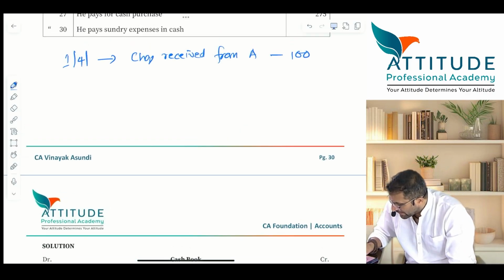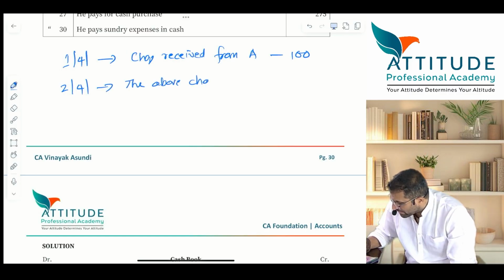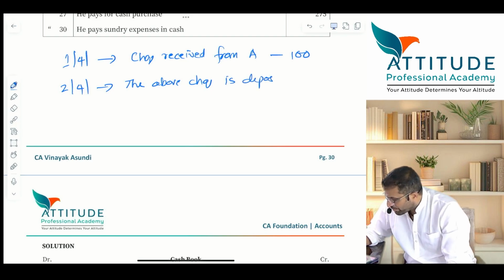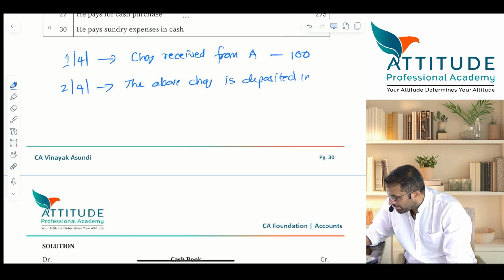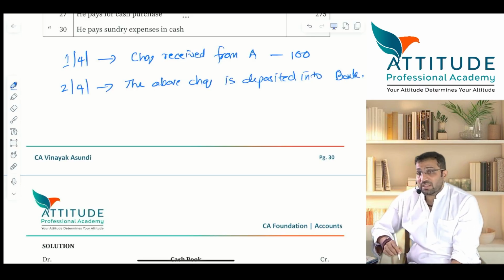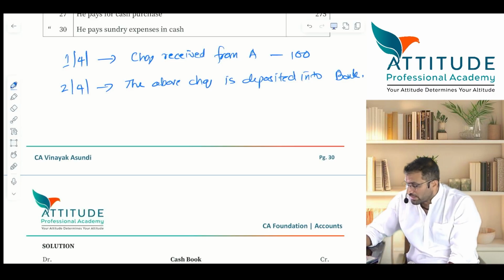Then 2nd April, the above check is deposited into bank. Tell me the journal entry for these two transactions.